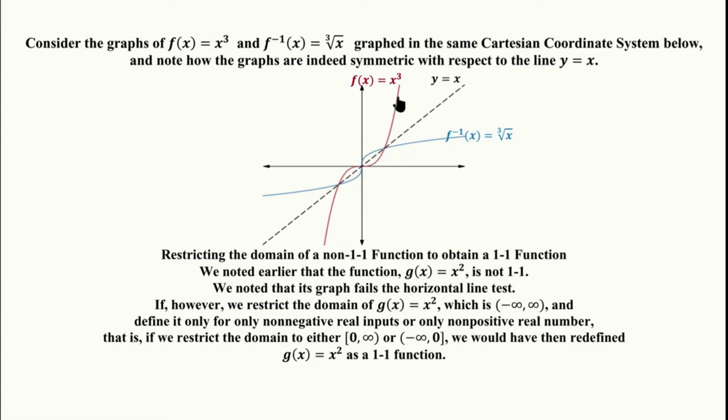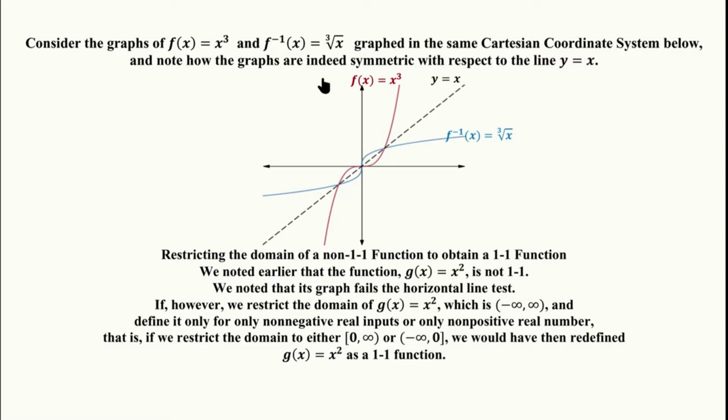In red we have f of x equals x cubed, and in blue we have the inverse function for f, which is the cube root of x. And as you can see, they're perfectly symmetrical with respect to the line y equals x, which plays the role of the mirror, or axis of symmetry in this case.